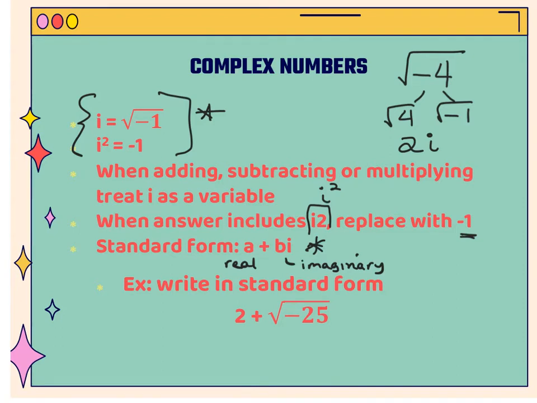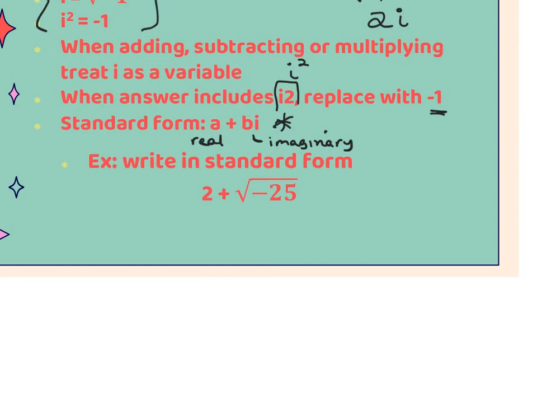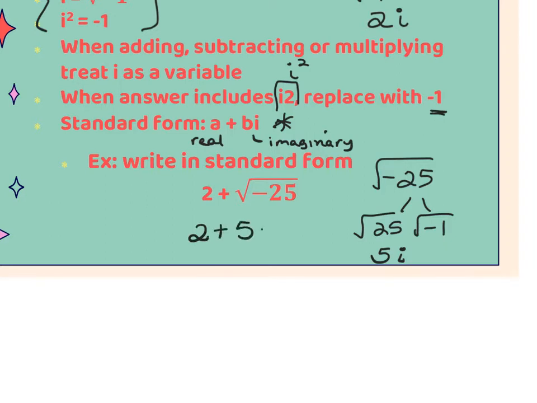So for example, on this one down here at the bottom, the 2 is the real part, and the square root of -25 is the imaginary part. So if it helps you to do this until you get the hang of it, show that it's really 25 times -1, square root the 25, square root the -1, and that gives you 5i. So written in standard form, this is going to be 2 plus 5i.